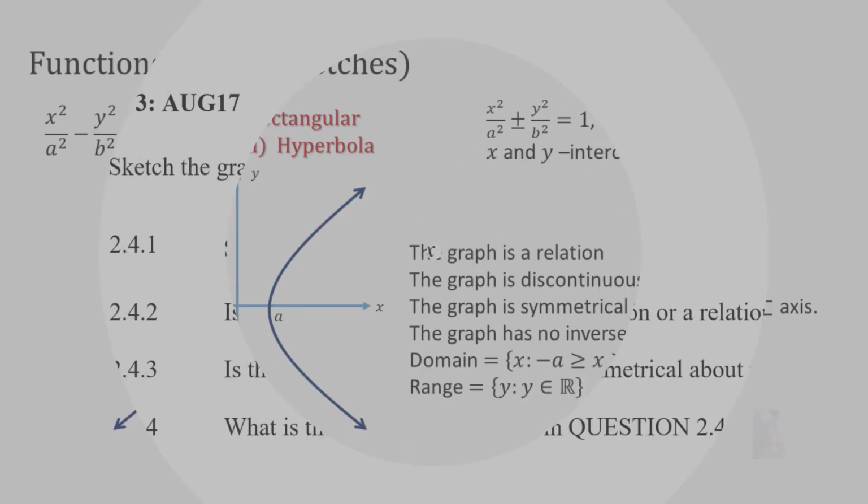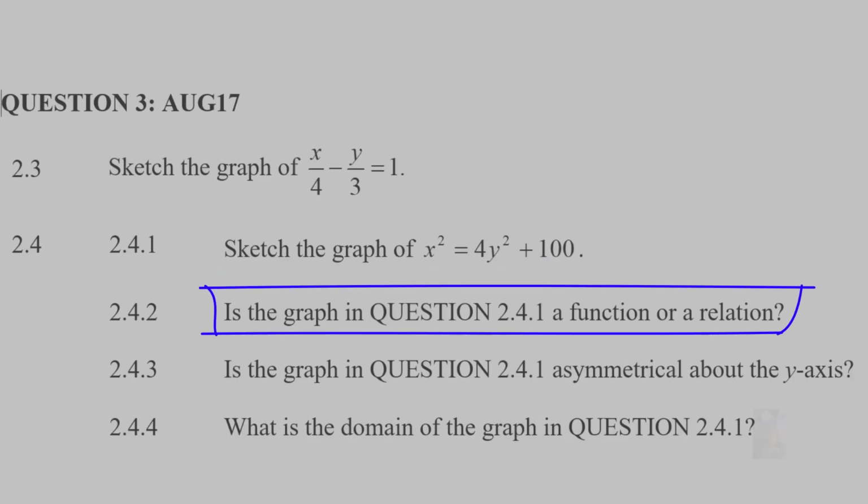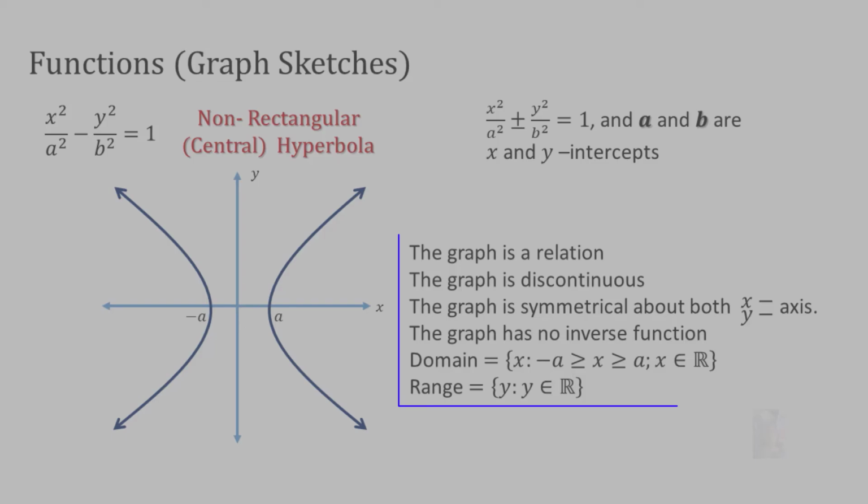Then there are few follow-up questions that are asked for this curve in particular. So for example, the first follow-up question they are asking is, is it a function or a relation? Yes, it is a relation because if you put a vertical line, it will cut this graph in more than one place, which means it is a relation.